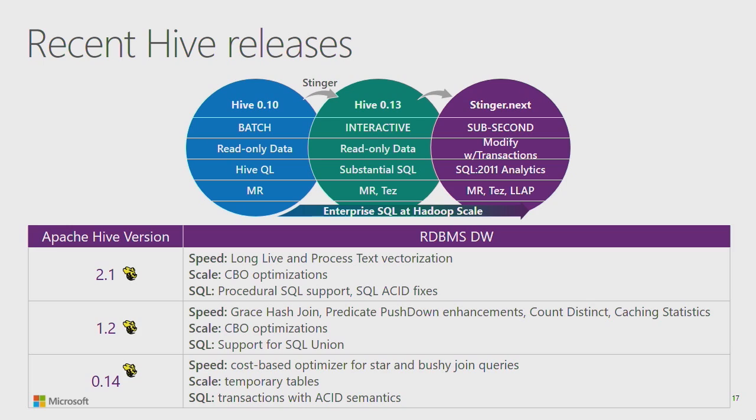It offers vectorization, both text and ORC, a lot of CBO optimizations, and a lot of SQL ACID fixes. So we're currently on Hive version 2.1, but you can go back and see that there has been consistent innovation in Hive. So this is one of a very innovative fields to make Hive enterprise data warehouse ready.